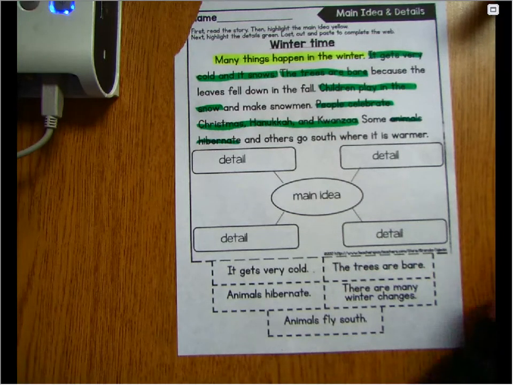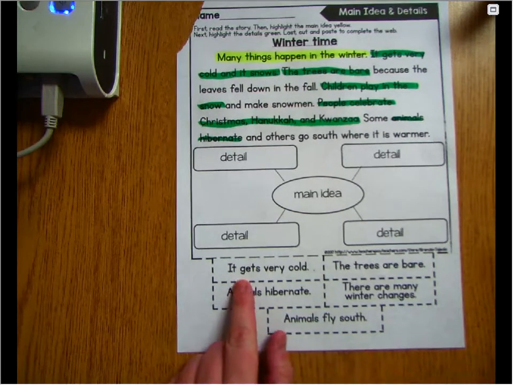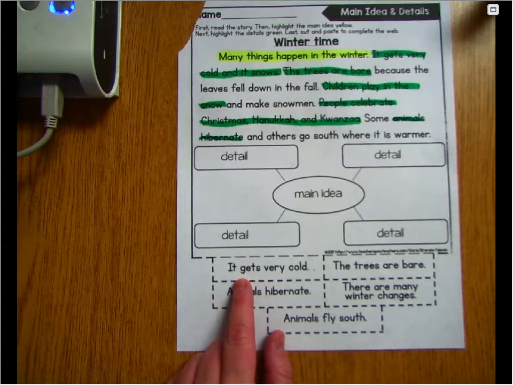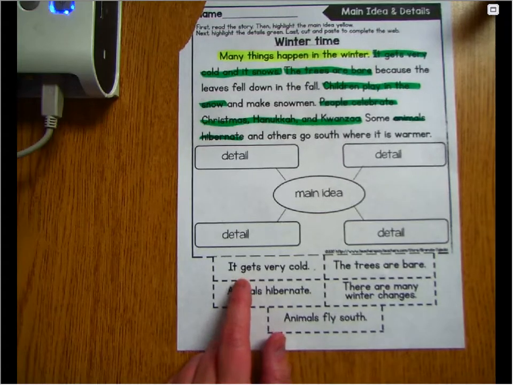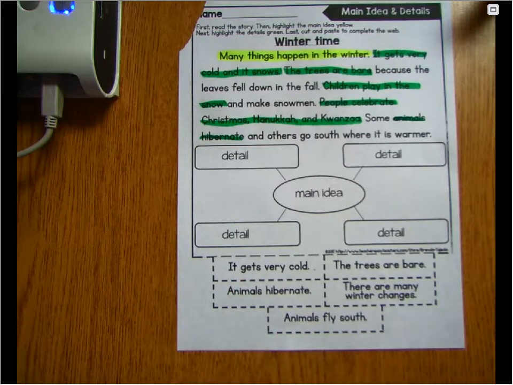So after you have those details highlighted, we're going to go ahead and cut out these pieces at the bottom so that we can glue them around our main idea. So you can go ahead and cut those pieces.